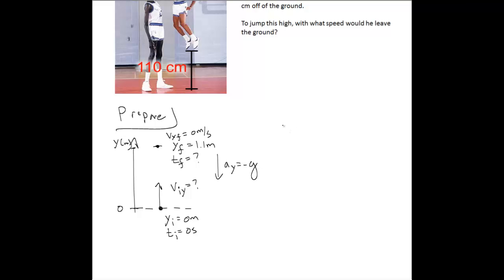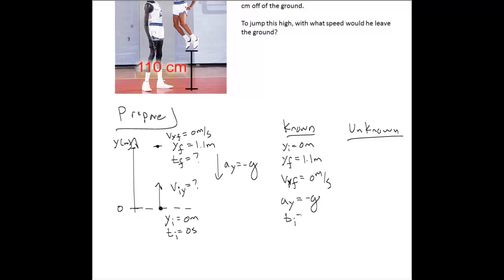Okay, so let's just make a quick list of the things we know and the things we don't know. The things we know: the initial y position, the final y position, the final y velocity, and the y acceleration.